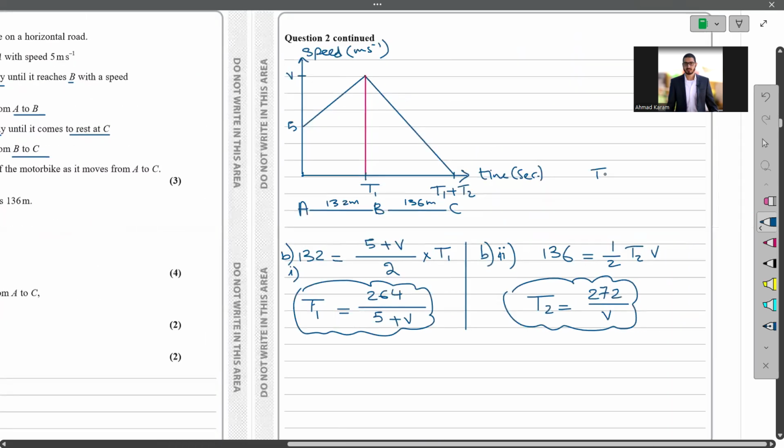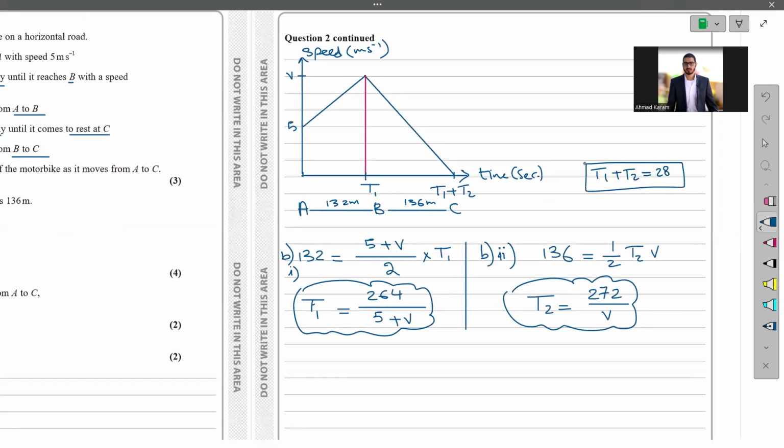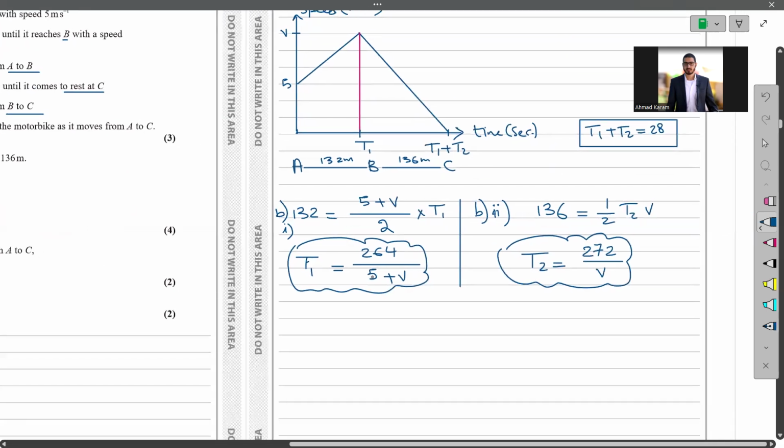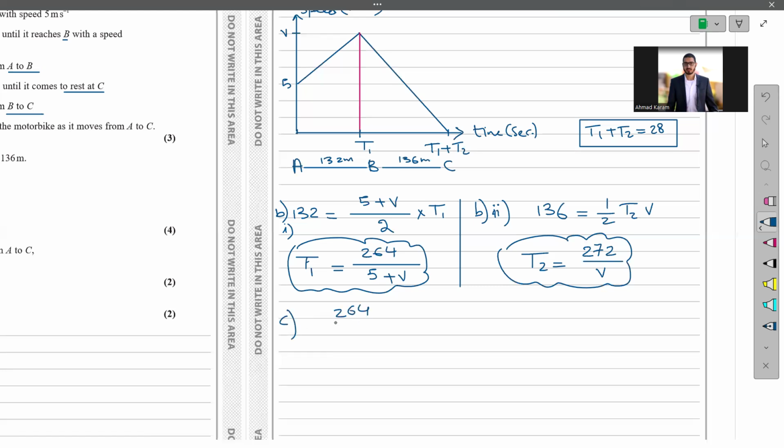So we can say that T1 plus T2 equals 28 seconds. So we can add T1 plus T2 equal to 28 seconds and solve the equation. So we have 264 over 5 plus V plus 272 over V equals 28.